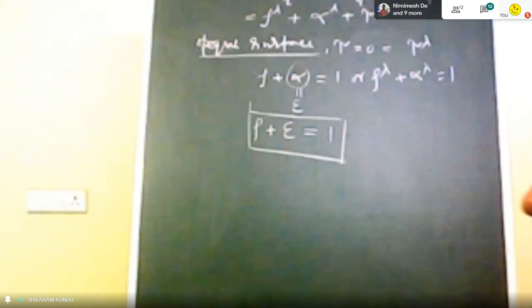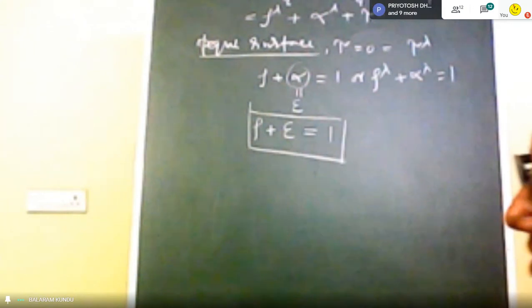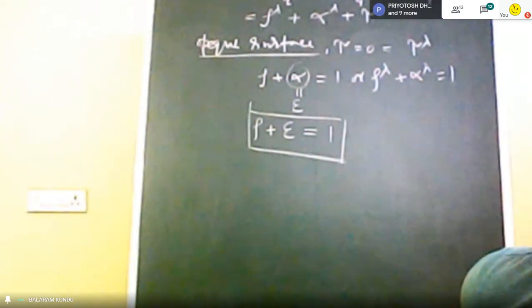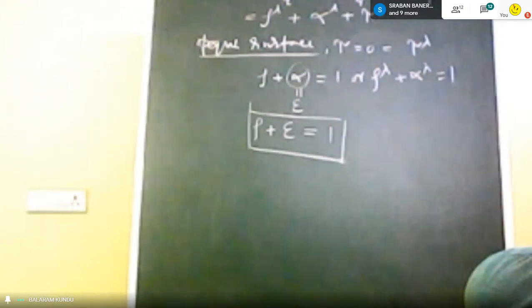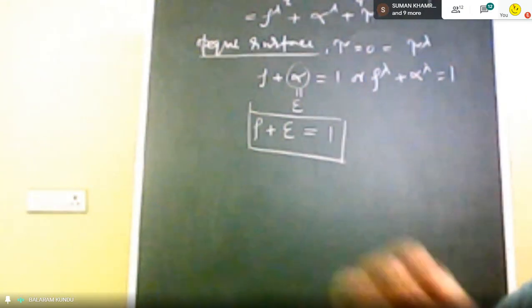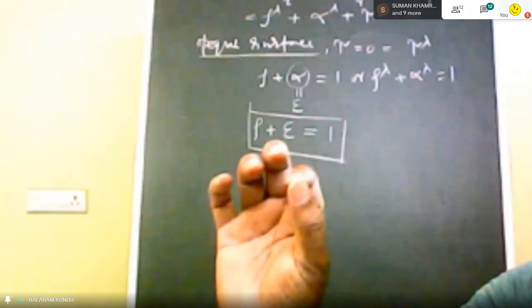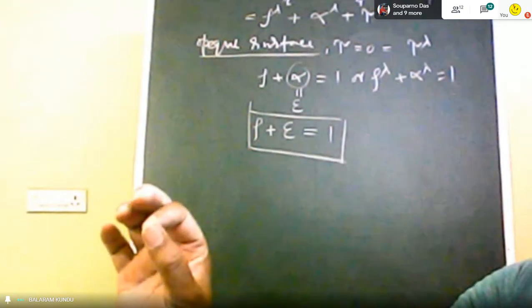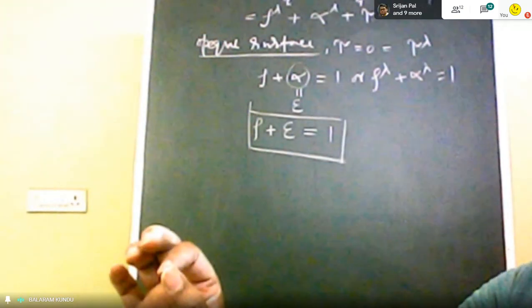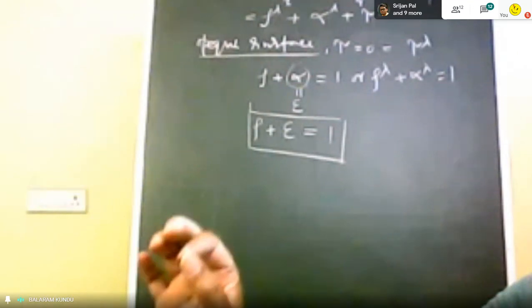Emissive power of a normal body to the emissive power of a black body, perfectly black body. Yes, you are absolutely correct. That means the emissive power of a real body divided by the emissive power of a black body, considering the same surface area and temperature.